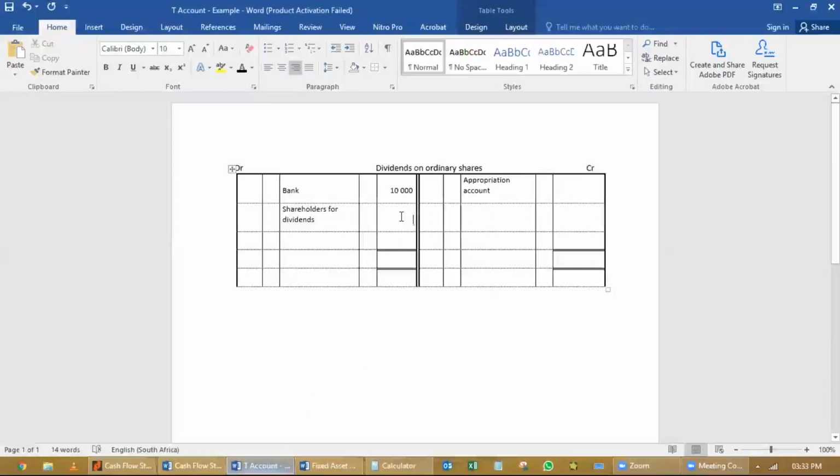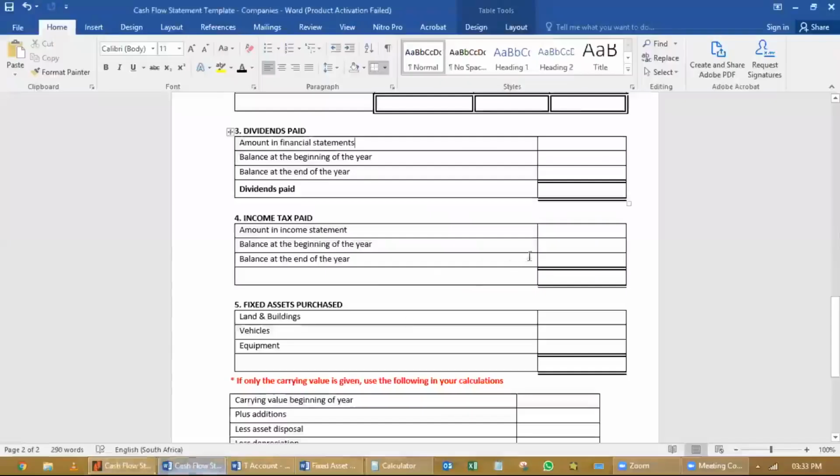Right, so I can put the 5,000 Rand in here. That means my total that should be on my financial statements, the total that would have been in my retained income note is 15,000 Rand. Therefore, I can go and put that in there. Quite easy, right?